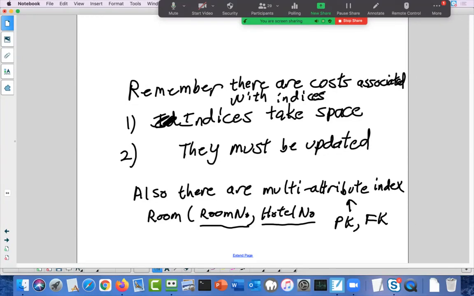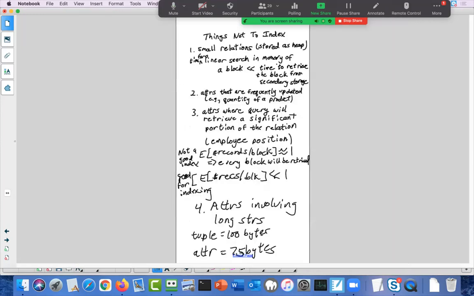Dr. VZ? Yes. Sorry to interrupt. Going back to the expected number of records per block, I just thought of something, and I'm just curious. You said much less than 1 is what makes the index worth it.